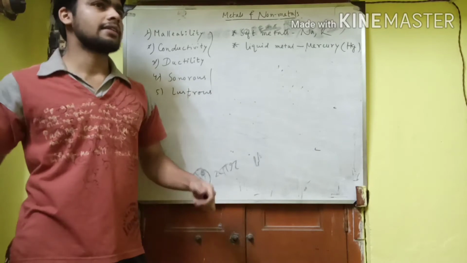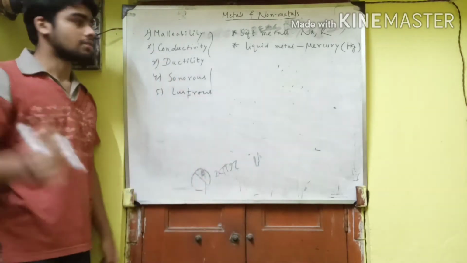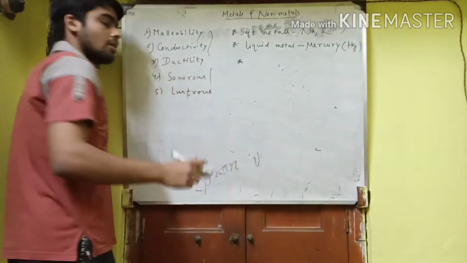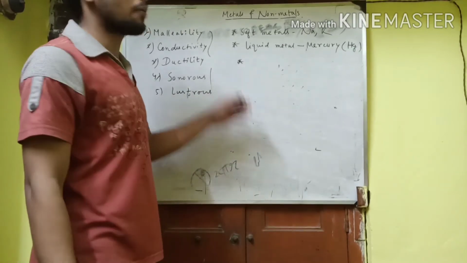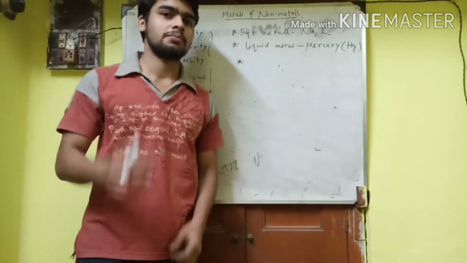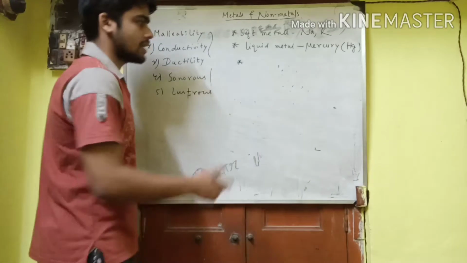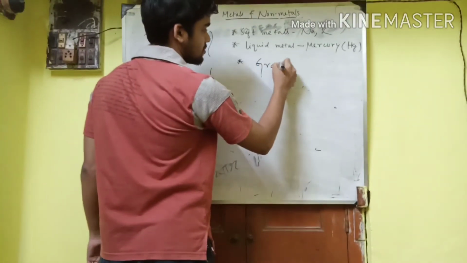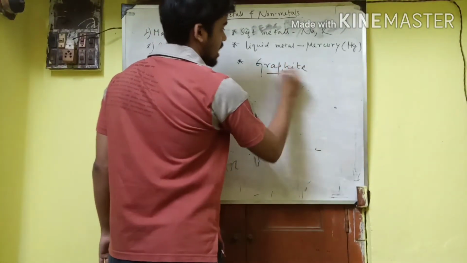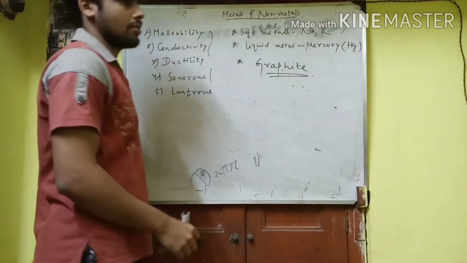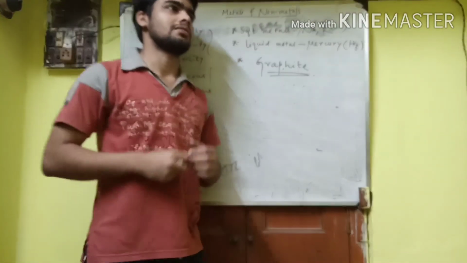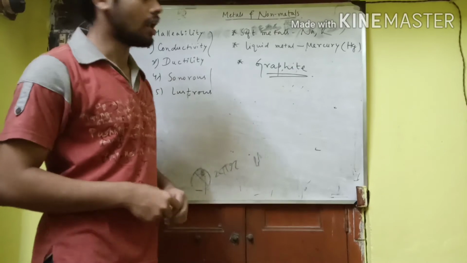One more exceptional case. I said that non-metals are poor conductors of heat and electricity, but one exception is graphite. Graphite is basically obtained from coal.